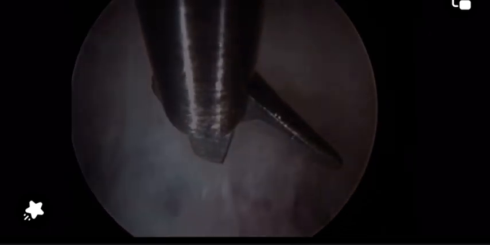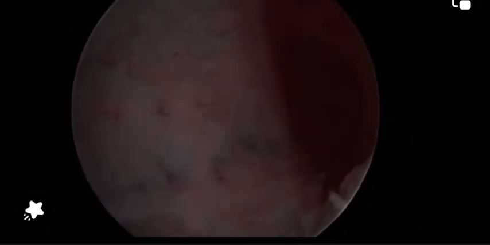So when you pull the scissors back, you allow full inflow through the channel and proper distension. When you insert the scissor in, it will occupy the shaft and take part of the surface area which allows the fluid. So keep on pulling and pushing the scissor in and out to give a chance for the fluid pressure to maintain a good view.